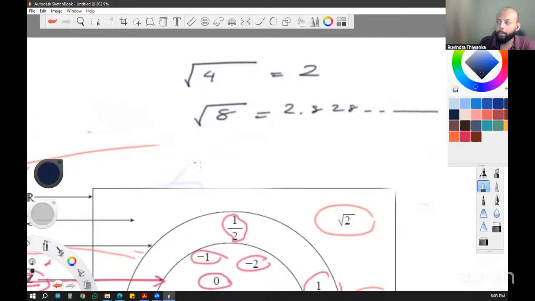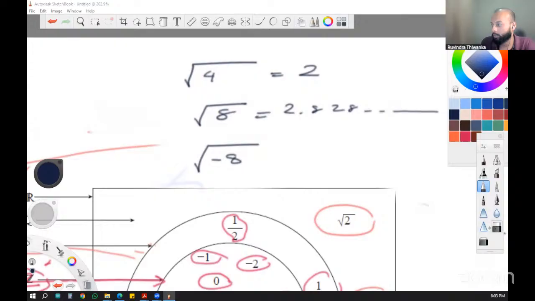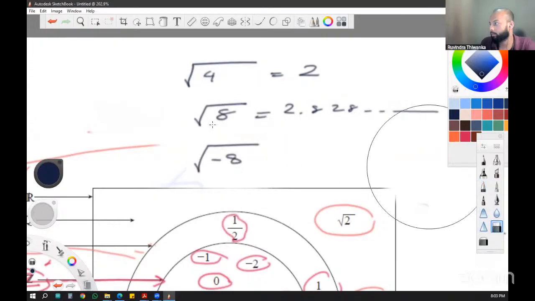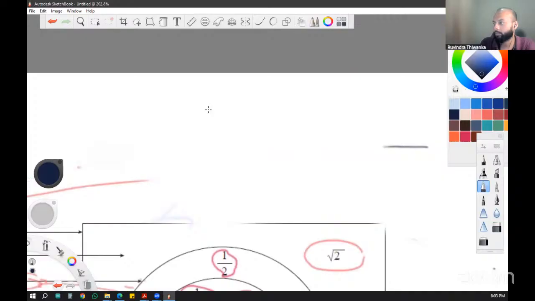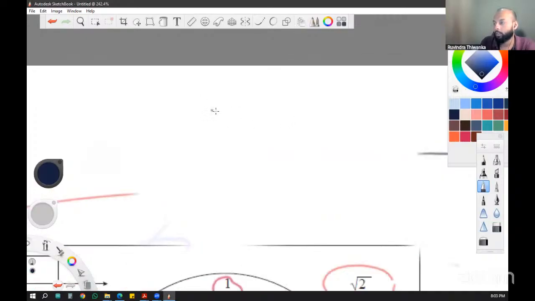Now what happens if you put a minus value inside? If we just take root of minus 4, what will be the answer?